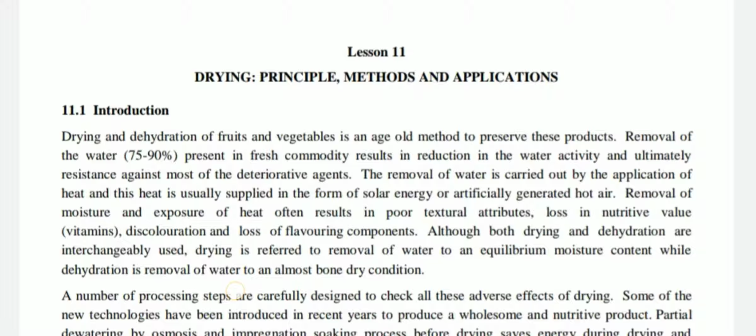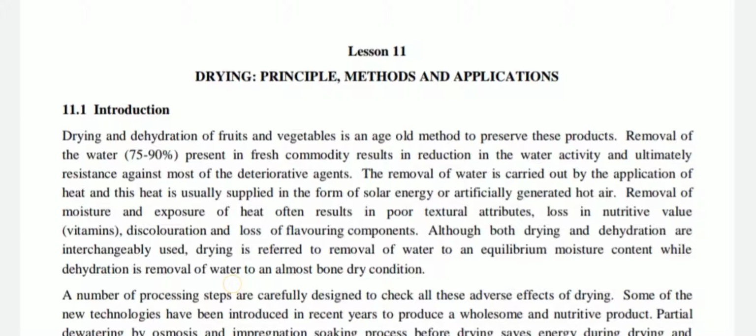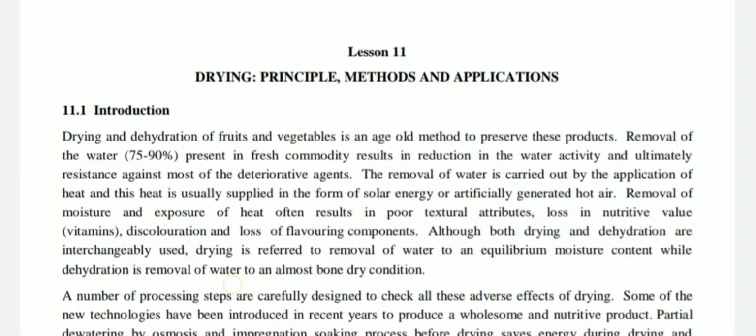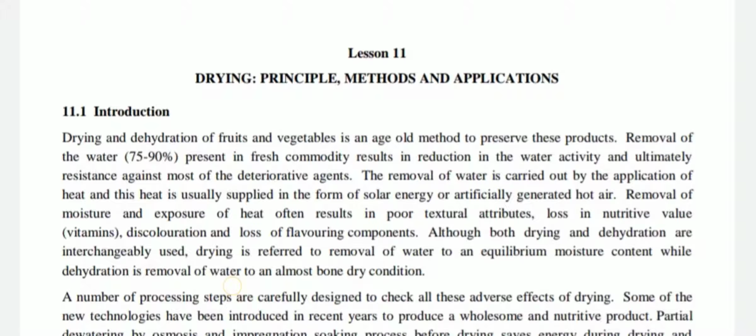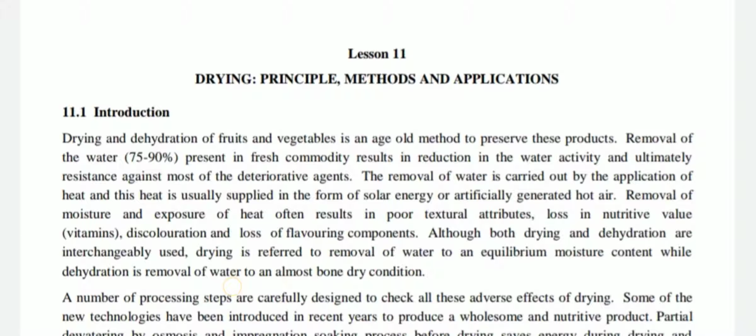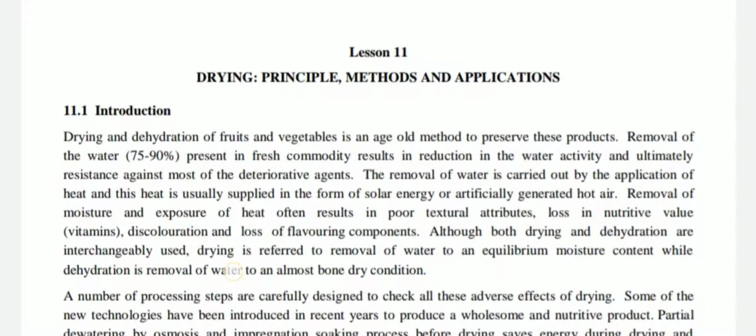So, the microbes present within the food system, whether it is fruit or vegetable, use the free water for mobilization of nutrients they take from the food, and the movement of metabolic waste from the microbes to the cell is facilitated by the free water available within the food system.